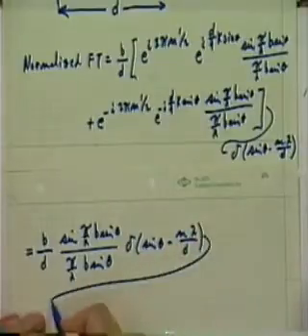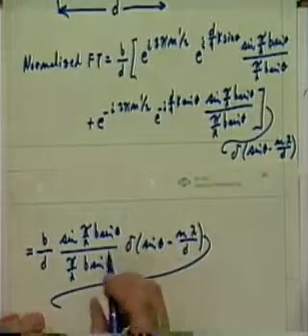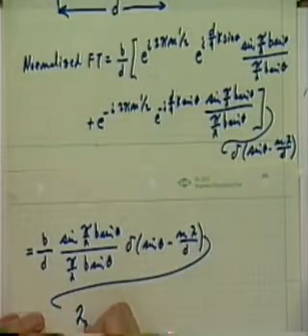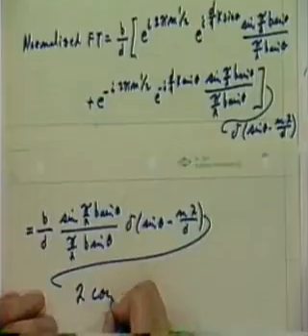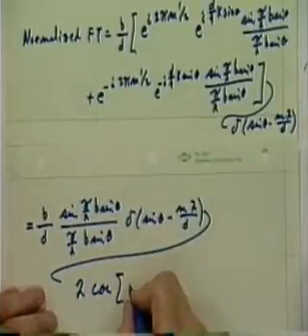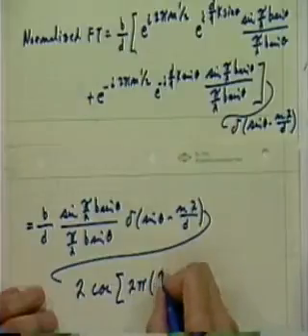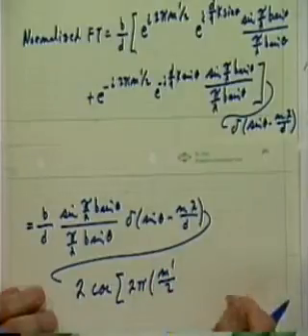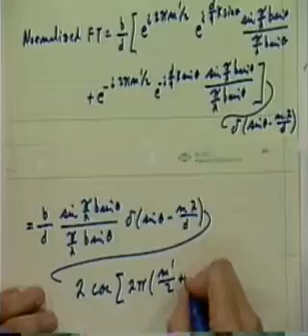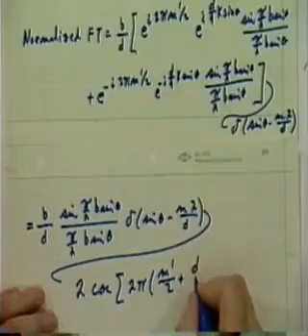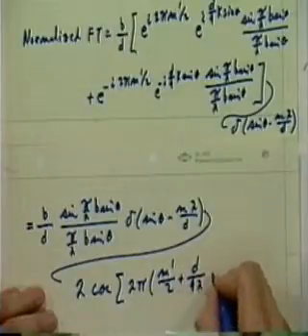And then when we multiply this other out here, we get a 2 cosine of 2 pi m prime over 2 plus d over 4 lambda sine theta.